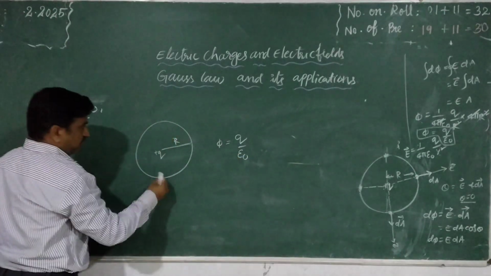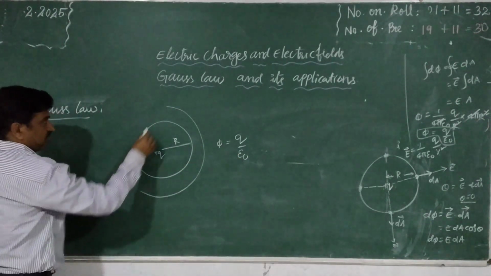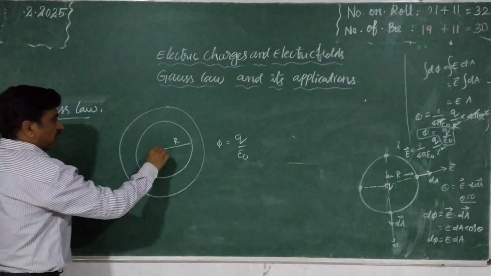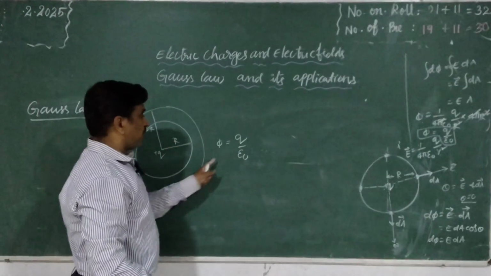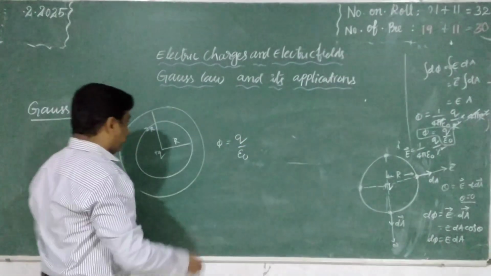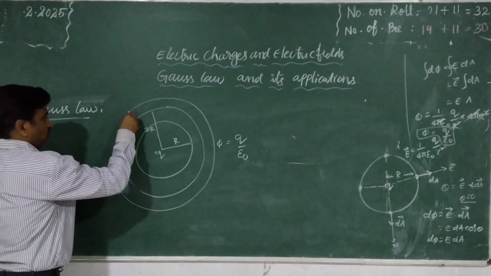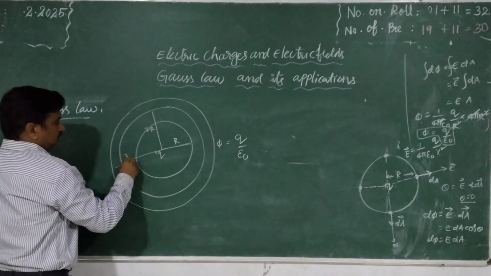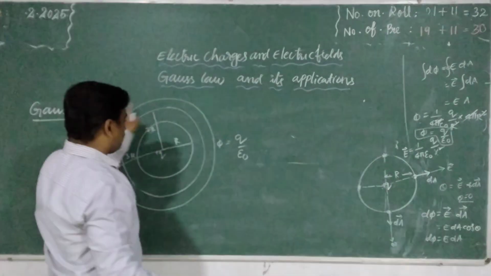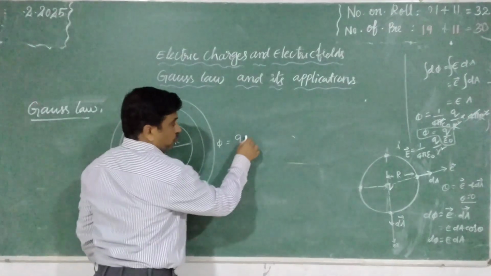Now we increase the radius, before it was R, now 2R. What is the flux through this closed surface? Q by epsilon naught. Again I increase the area, say to 3R. What is the flux passing through this closed surface due to plus Q? Phi equals Q by epsilon naught.